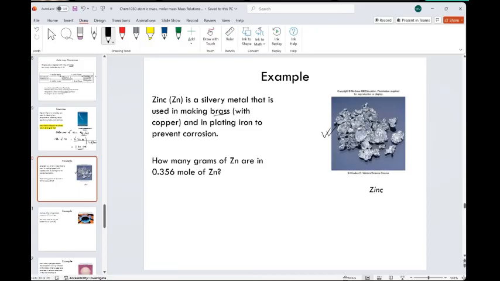So now you can understand it is used in a lot of different industrial manufacture things. If you work in that kind of situation, you will know that mole convert to gram, gram convert to mole. So how many grams of zinc are in 0.356 mole of zinc?